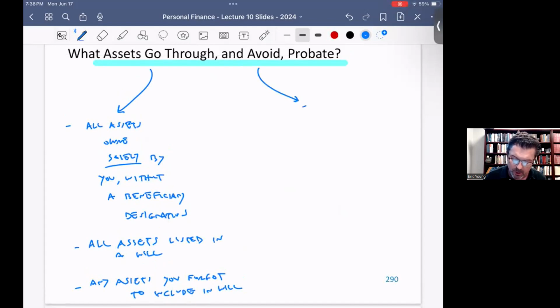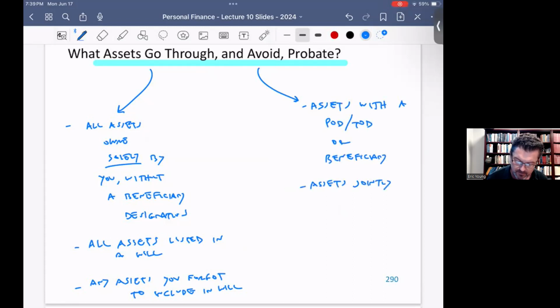Assets that avoid probate include, number one, assets with a POD, TOD, or beneficiary attached to them. Number two, any assets that are jointly owned by you and somebody else avoid probate.